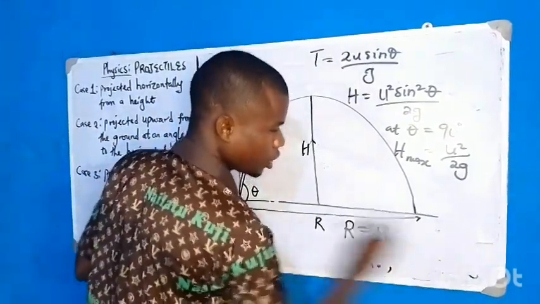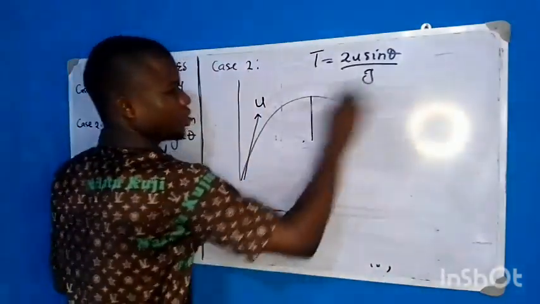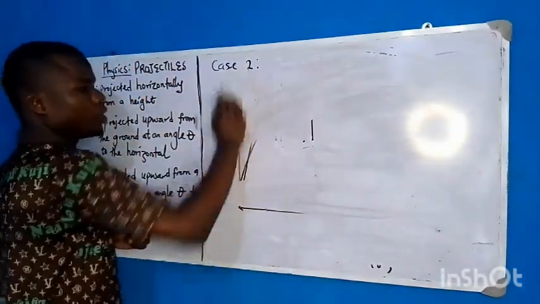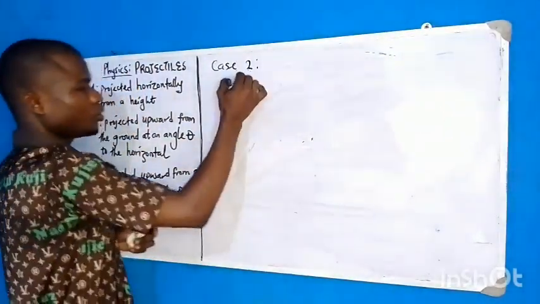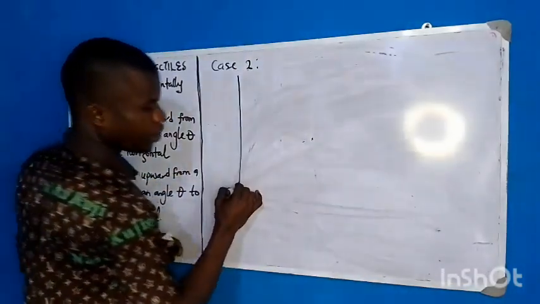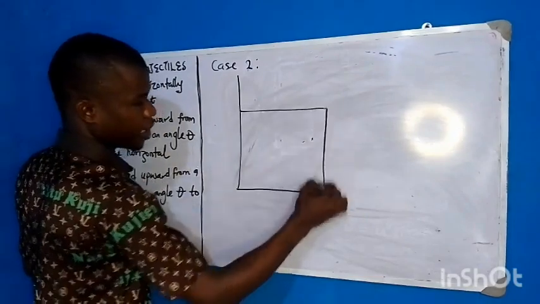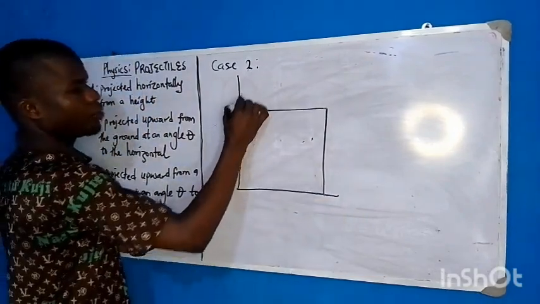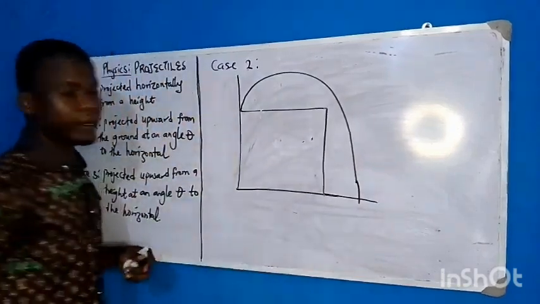That's for case 2. Now let's look at case 3, which is a bit rare, but it can come up in any examination. For case 3, the object is projected from a height. Let's say this is the cliff, and we are projecting something from this cliff, and it gets to the ground.